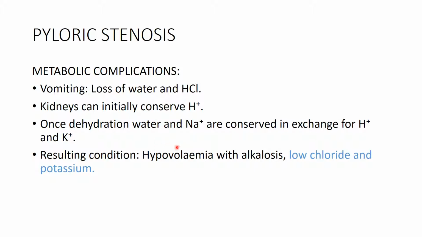Once dehydrated, water and sodium are conserved in exchange for hydrogen and potassium. The resulting condition is hypovolemia with alkalosis, low chloride and potassium. So hypochloremic, hypokalemic alkalosis will be caused.